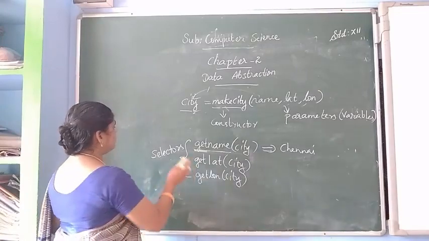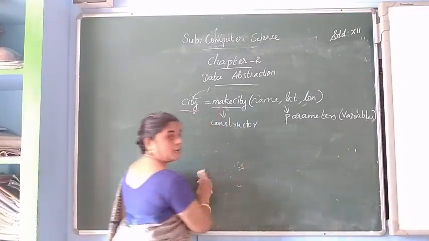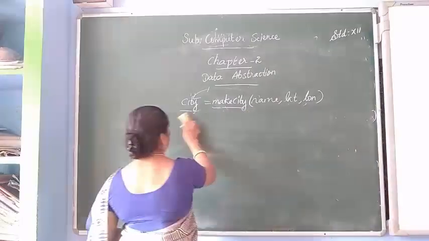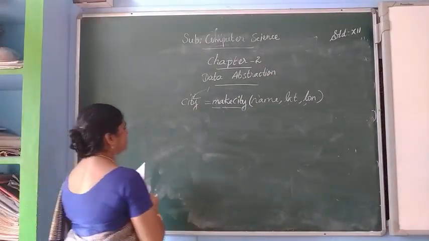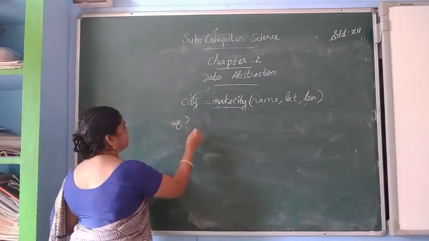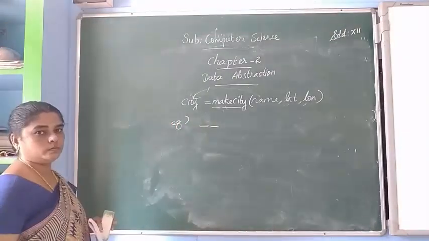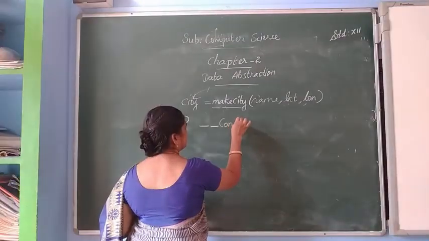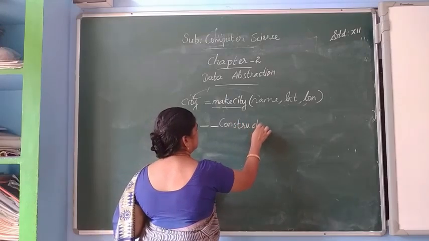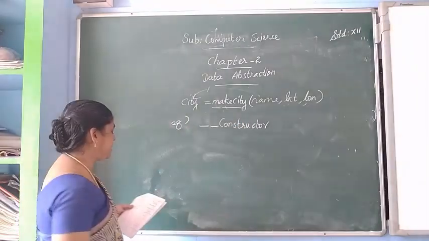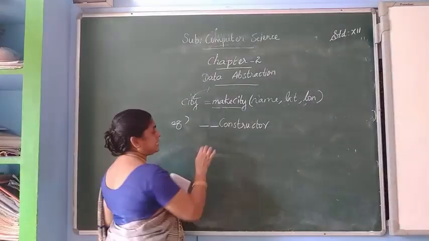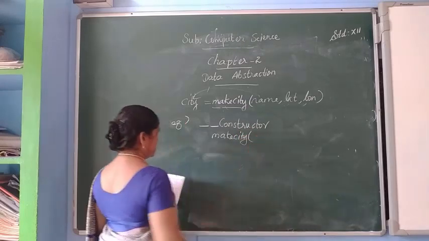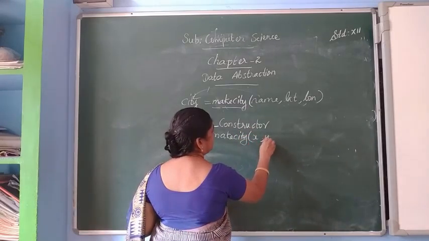Okay, for this I am writing one simple program. See the program example. Double underscore constructor. Then we are making a city, that is make city. The make city has two arguments, x comma y.